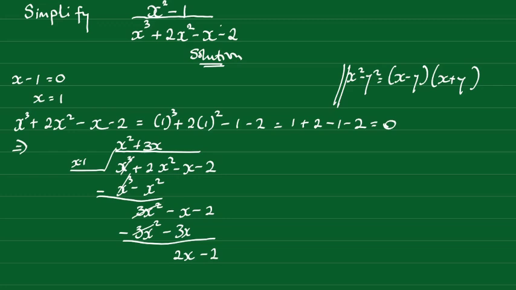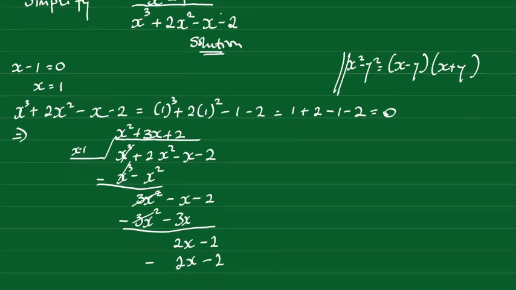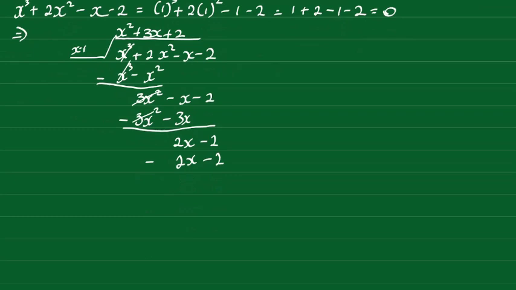We in turn look for what multiplies x to give us 2x. This in turn is plus 2. Now plus 2 times x gives us 2x, minus 1 times plus 2 gives us minus 2. 2x minus 2x cancels out. We have 0.